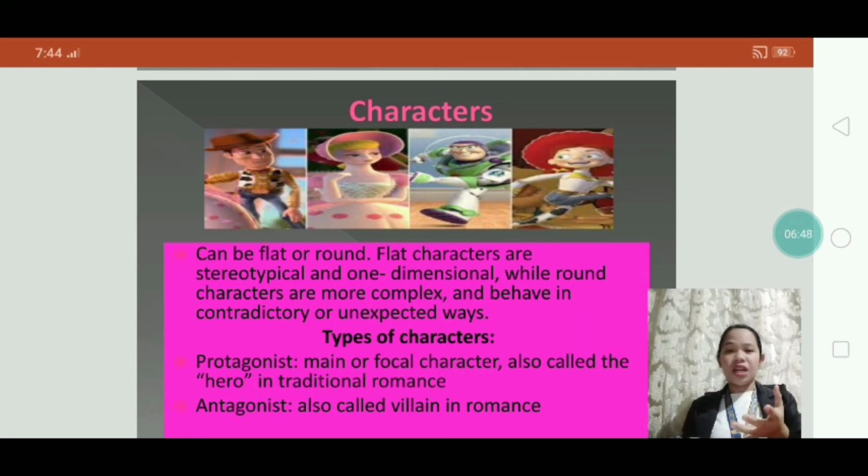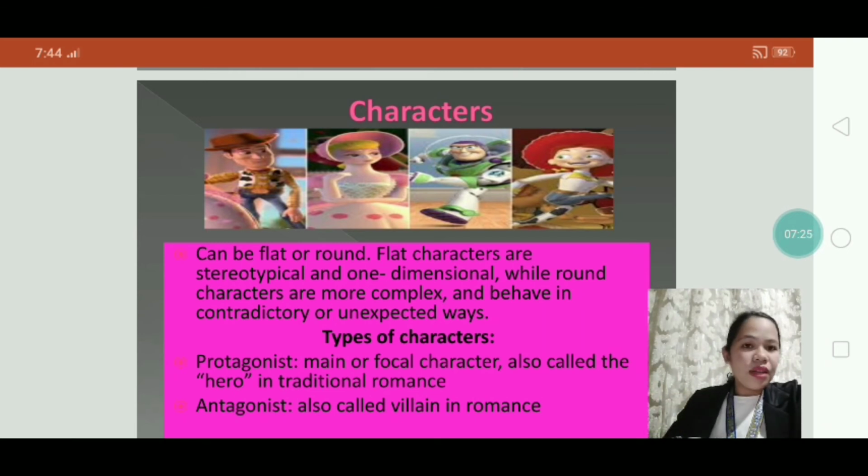If that character is bad from the beginning, at the end of the story, he or she is still bad. While the round character is more complex, hard to define, because she or he may be changing with each of the events or scenes as the whole story unfolds.